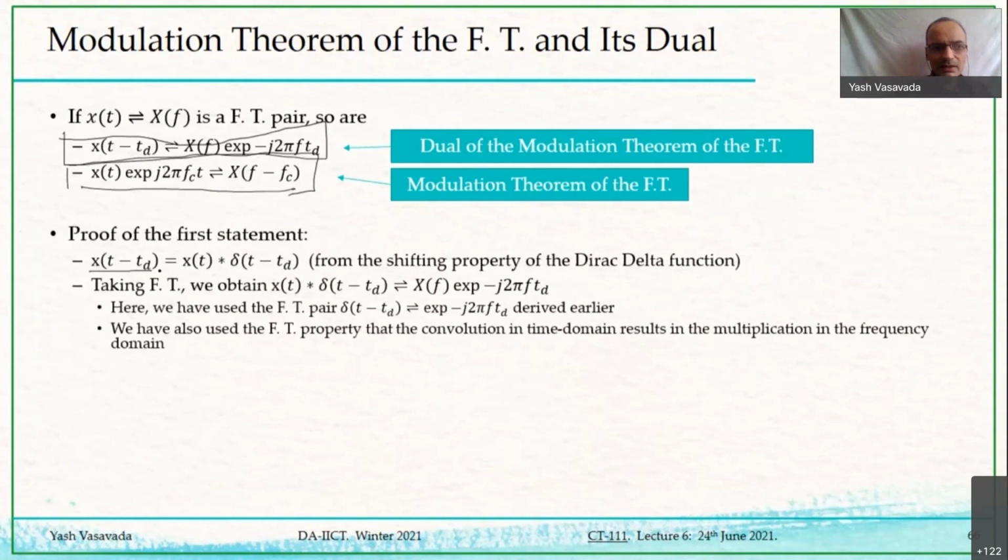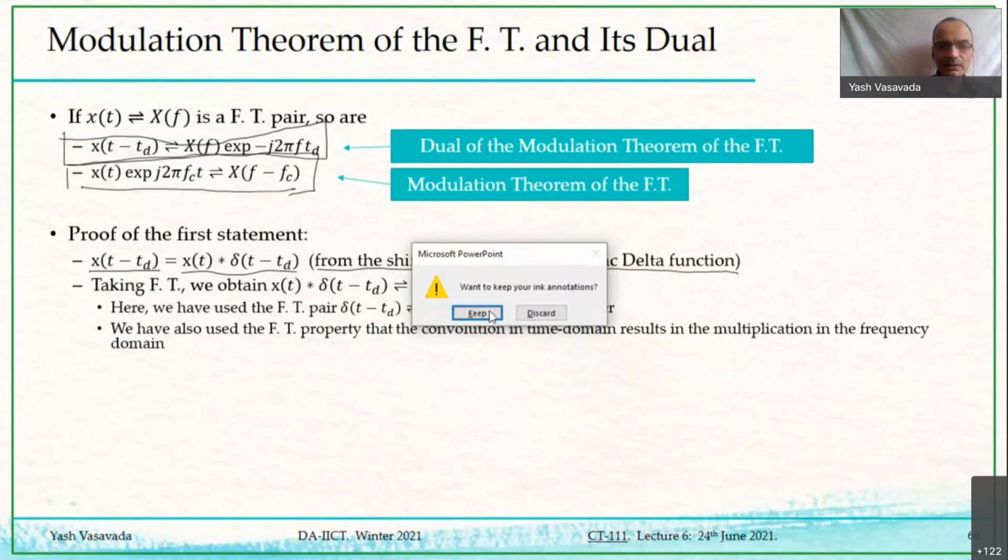See, x(t minus t_d) is the same as x(t) convolved with a Dirac delta function located at t_d. This is from the shifting property of the Dirac delta function that we have seen earlier on the slides. Okay, so this is coming from the shifting property.